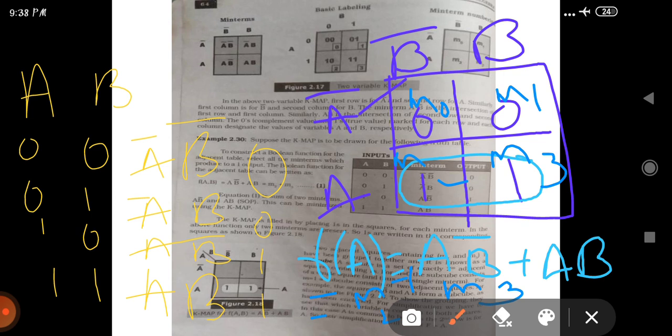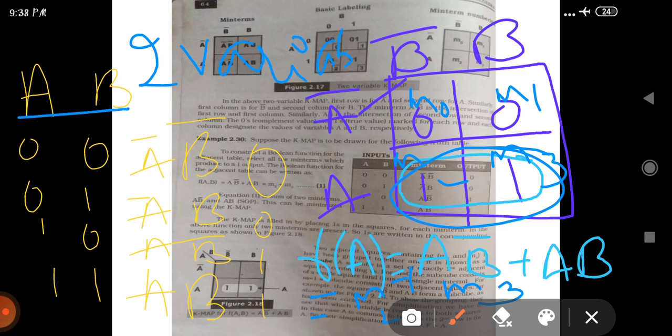This is the way to draw the K-map of two variables. Two variables means A and B are the two variables. They will give the input for that. We have to write the minterms, then we have to see the output, and then we can draw the K-map for the output.